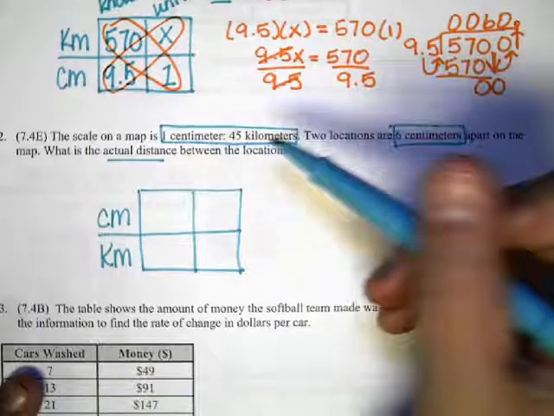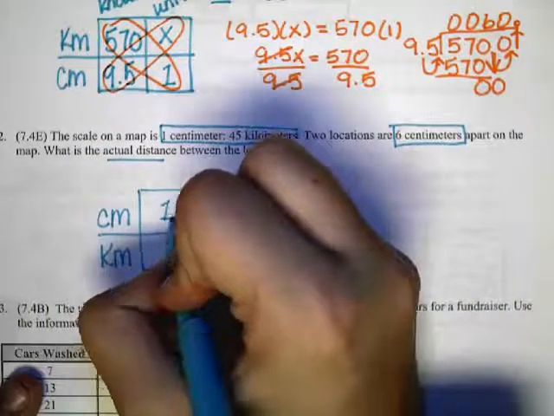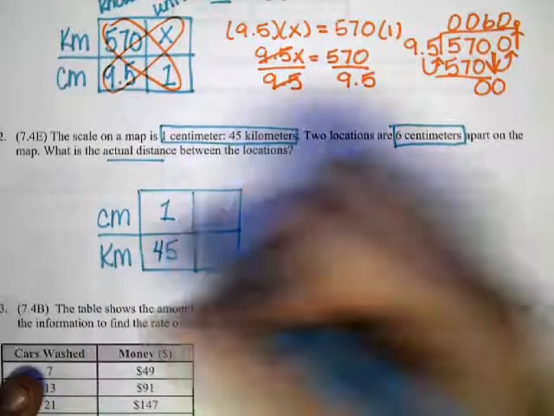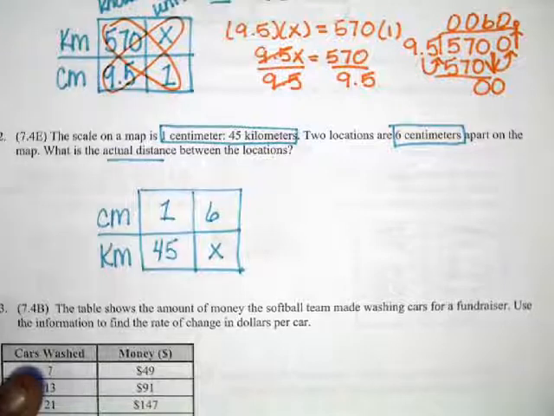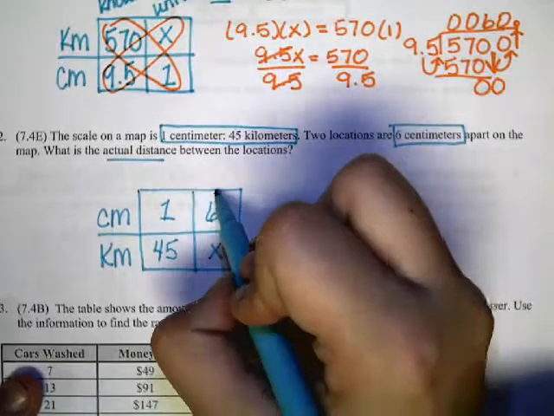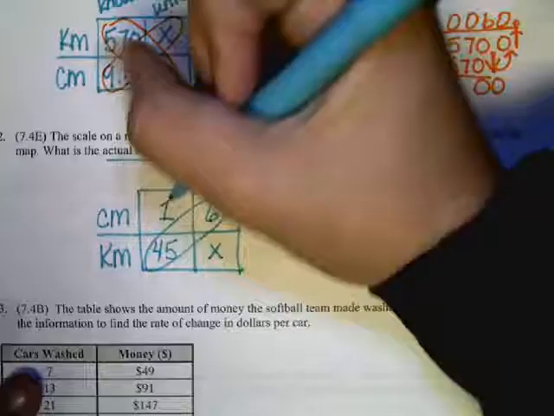We know that the scale is 1 centimeter per 45 kilometers, and we're looking for how many kilometers are in 6 centimeters. Create a cross product and solve for x.